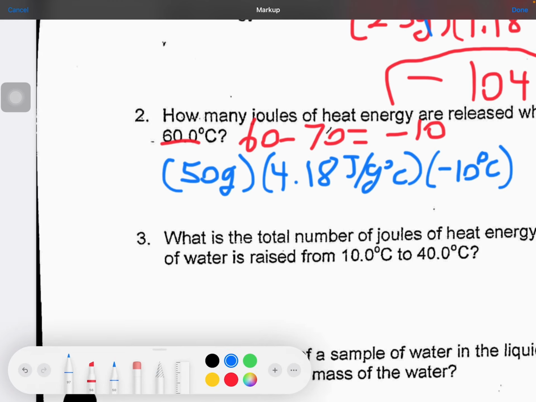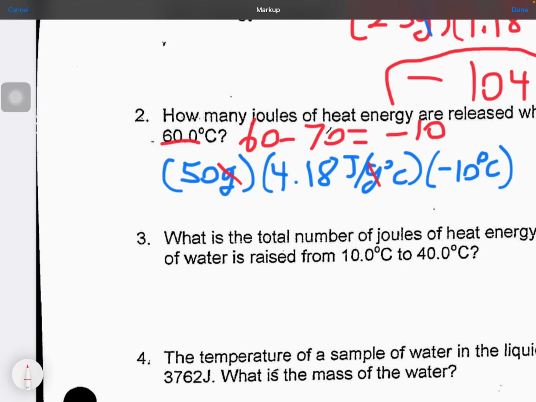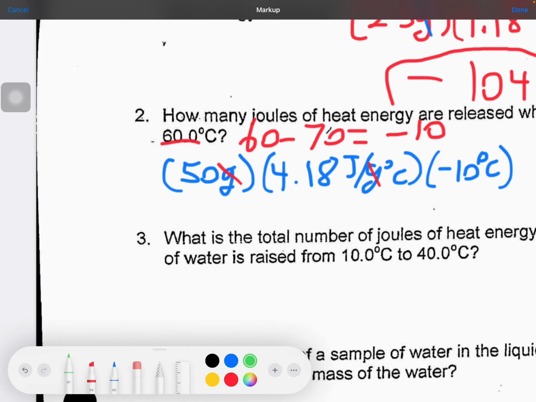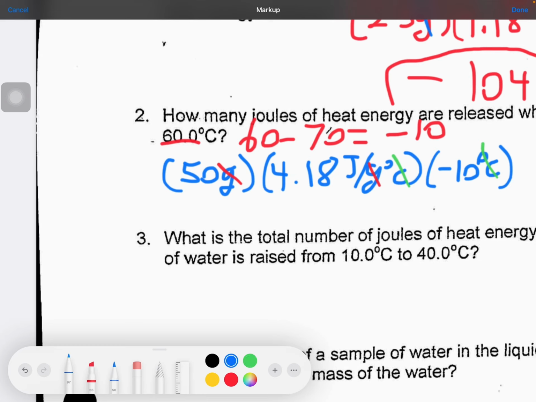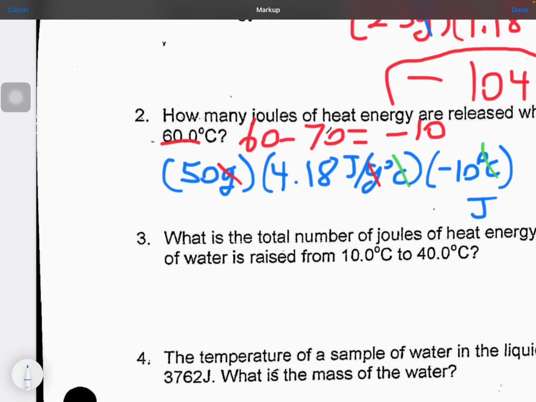Now we can cross out our given units, the grams and the Celsius, so our final answer is going to be in joules. All we have to do is multiply those three numbers: 50 times 4.18 times negative 10 comes out to negative 2090. And that's your answer.